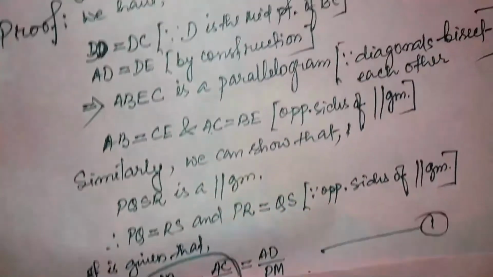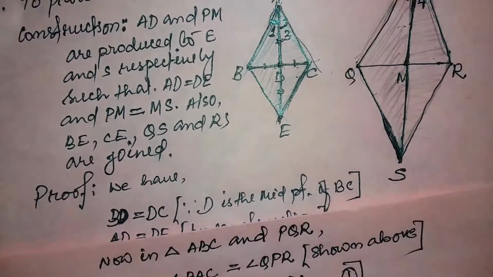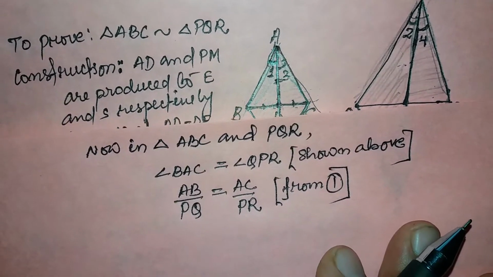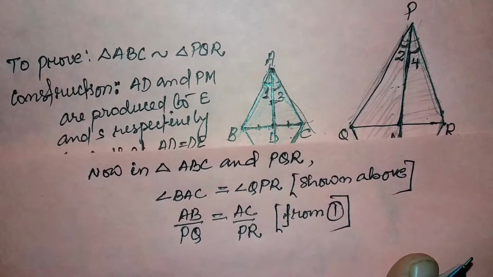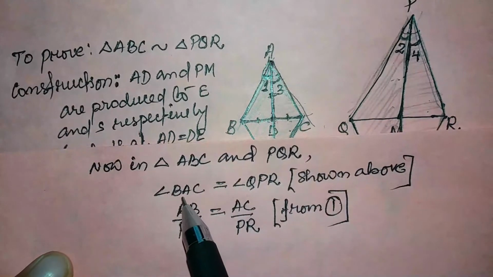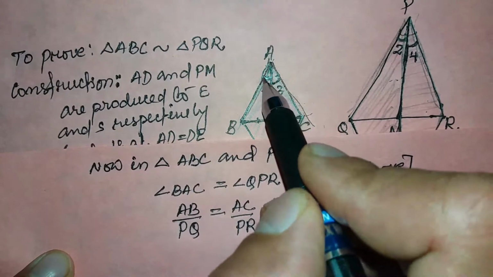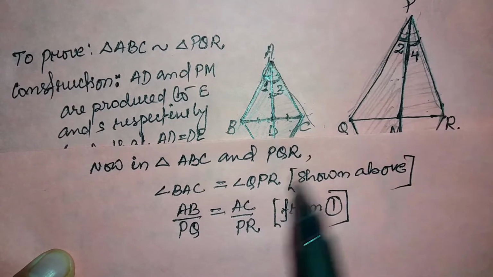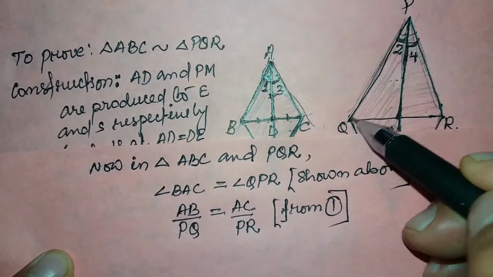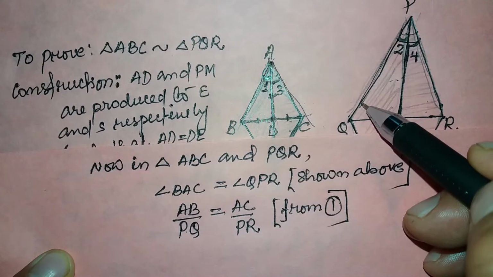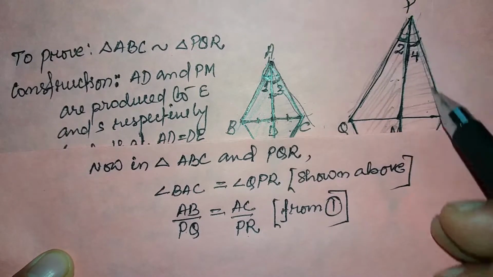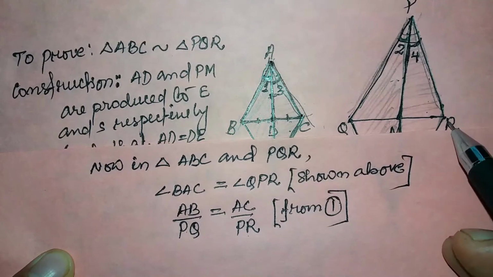Now we are going to look at the figure here. Look at these two triangles, ABC and PQR. Now this angle BAC and QPR are equal, which means this angle and this angle are equal. And the ratio of AB and PQ is equal to AC by PR, the ratio of the other two sides.